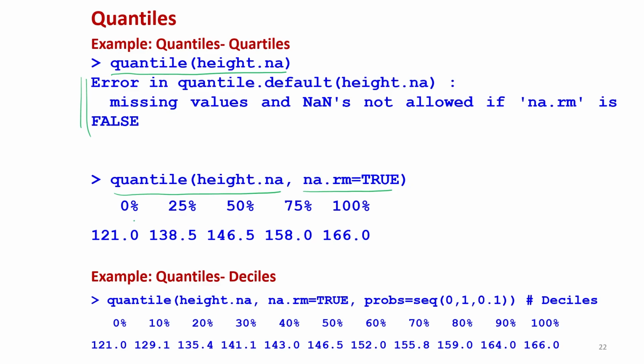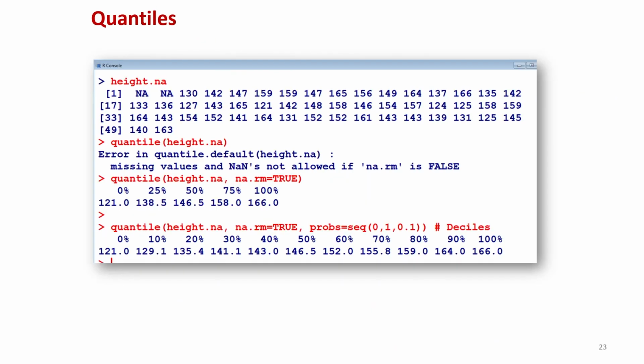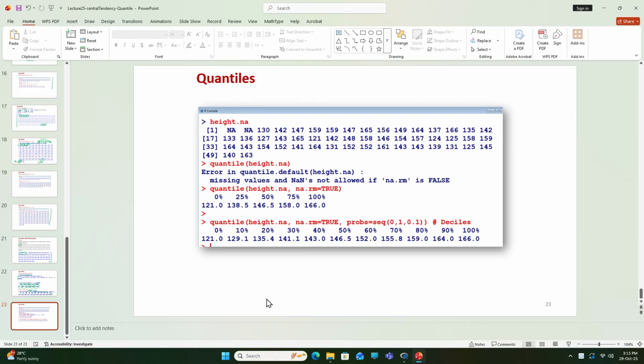You can see they are coming here like this: 0%, first quartile Q1, Q2, Q3, and Q4. Similarly, if you want to compute deciles, you simply have to give probs equal to sequence 0 to 1 by 0.01, and you get these values, but for that you have to use na.rm equal to TRUE. And similarly, if you want to compute percentiles also, you can do it very easily.